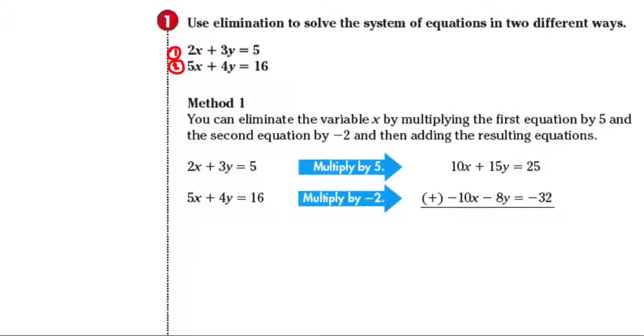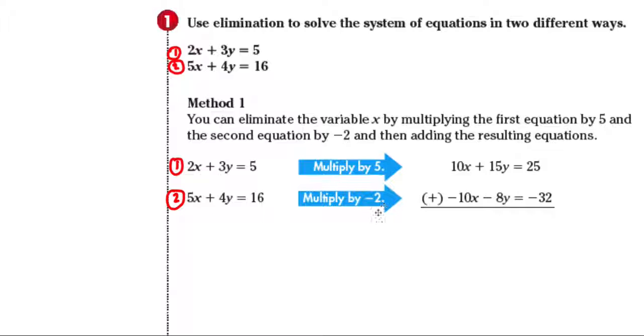So if you multiply equation 1 by 5 and equation 2 by negative 2, you notice that you have the LCM of 2 and 5. The least common multiple of 2 and 5 is 10, and that's why you multiplied by 5 and negative 2. Now, why is it negative 2 and not simply 2?